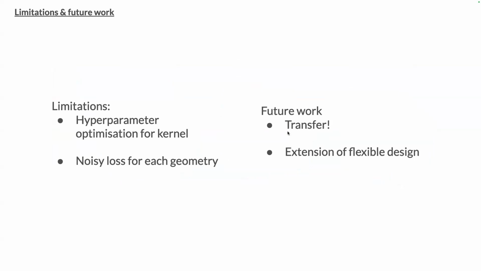There are some limitations, obviously, to this work. First of all, it's only done on one person so far. We haven't repeated the Bayesian optimization loop across various length scales and variance for the Matern 52. And ultimately, even for one person, if you were to ask them to repeat the same crutch, the same geometry, they would probably have a variation in the loss.